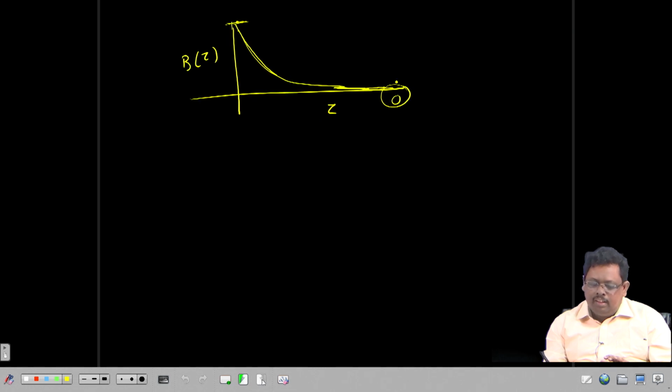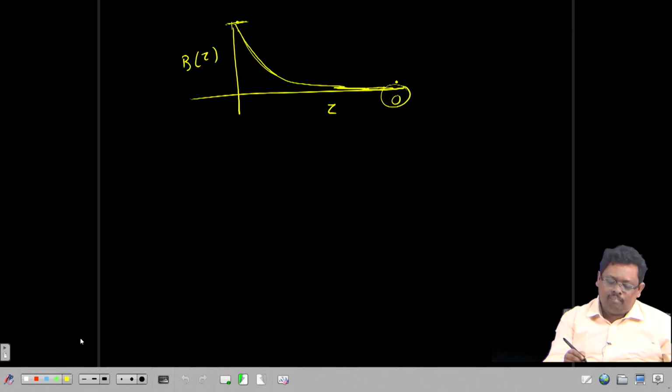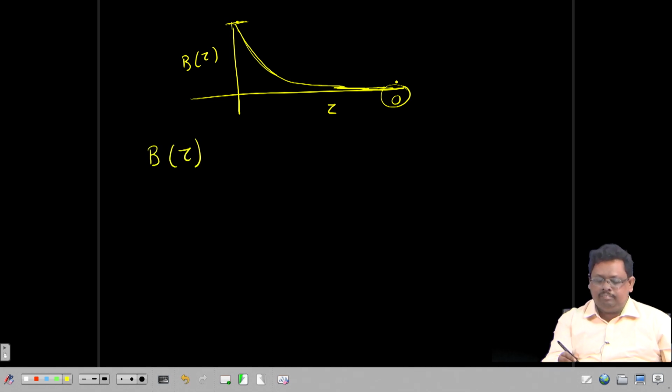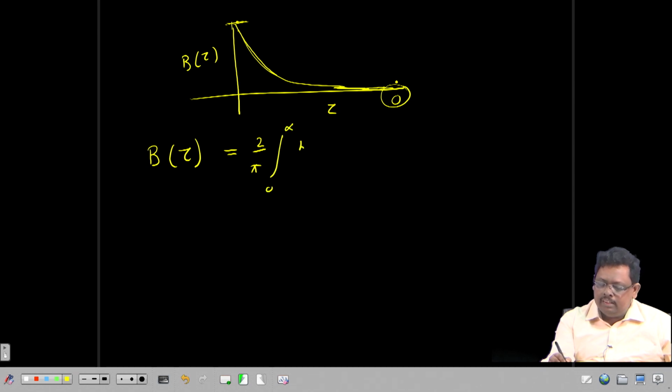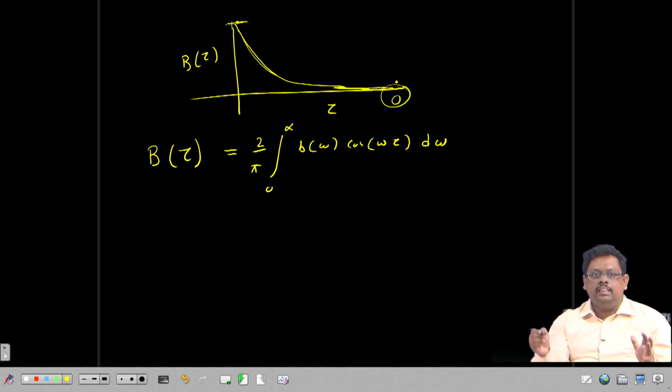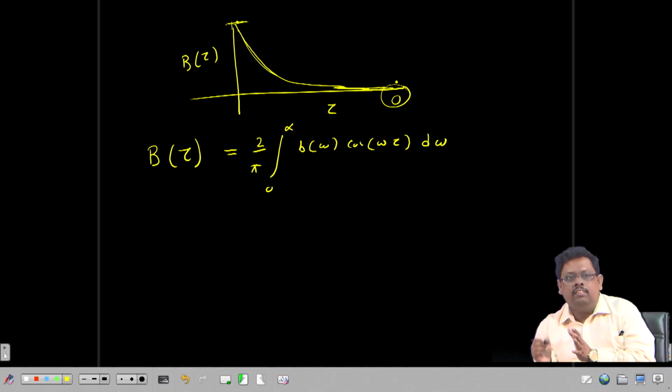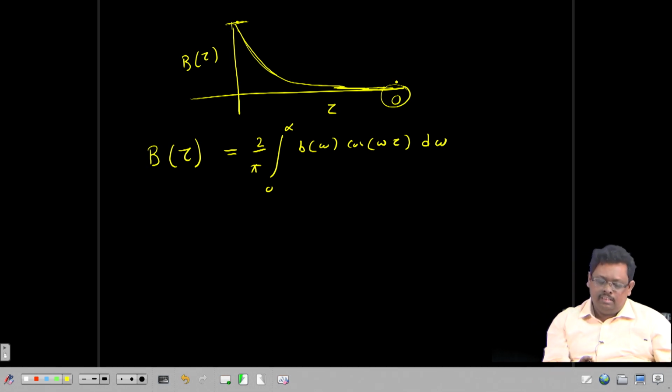So here what we do is as follows. I have this b tau, let me write this equation again. This equals 2 by pi, integral from 0 to infinity, b omega into cos of omega tau into d omega. This is the basic equation that we started with.